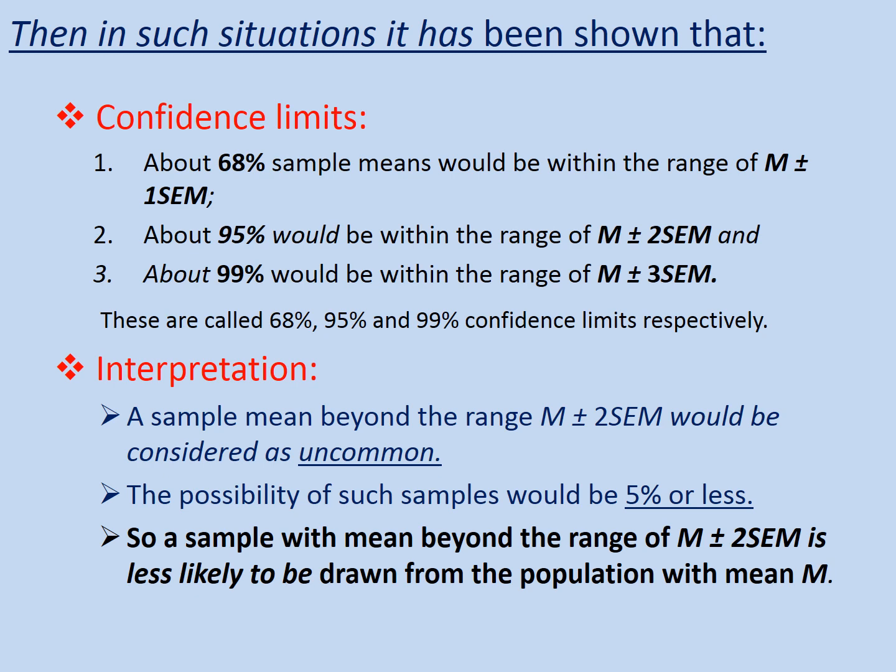So the possibility of such a sample would be 5% or less. So a sample with a mean beyond the range of population mean plus or minus 2 SEM is less likely to be drawn from the population with mean M. Okay, let's understand in more detail with the help of the example. I will explain.